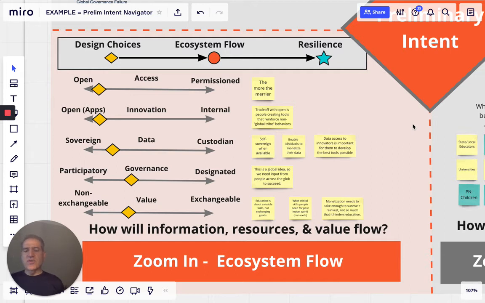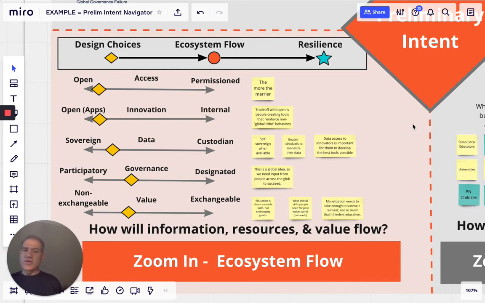So there are a number of questions around data, governance, how you make decisions, who's involved in making those decisions, whether it's open and participatory, or there's a designated group of people that are involved. And then how do you look at value? Is it more around products and services, around what we refer to as exchangeable value, or more non-exchangeable, around things that people place value on that aren't based on product and service trade, things like, which we're going to get to in the next quadrant, around purpose, things like dealing with climate change or pandemics or social justice, these kinds of things that you may embed into that people place value on.